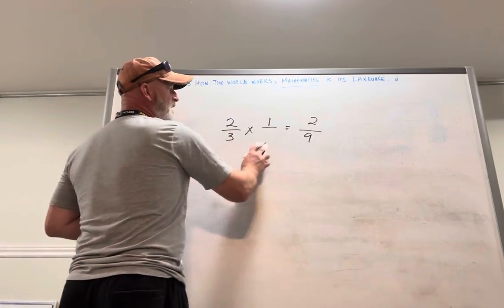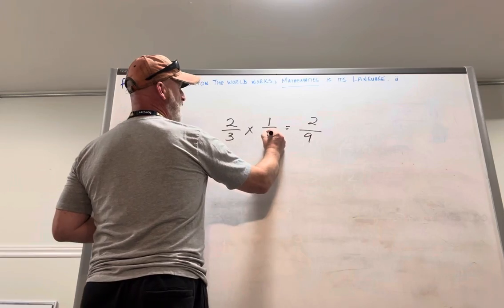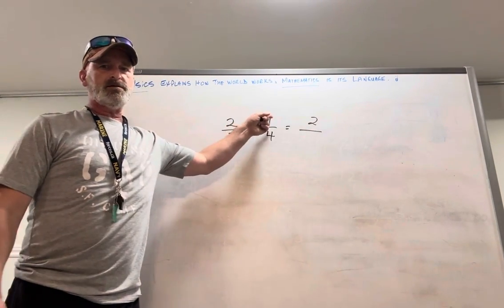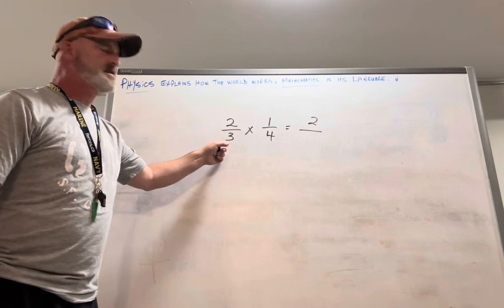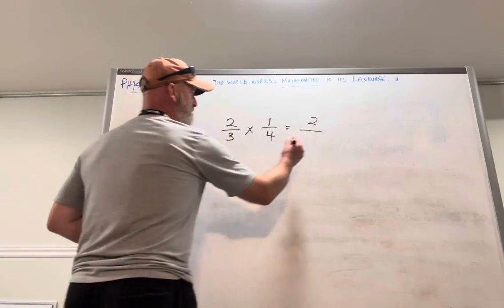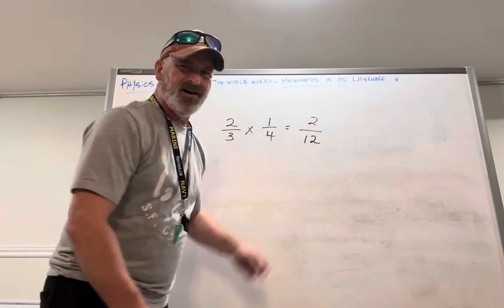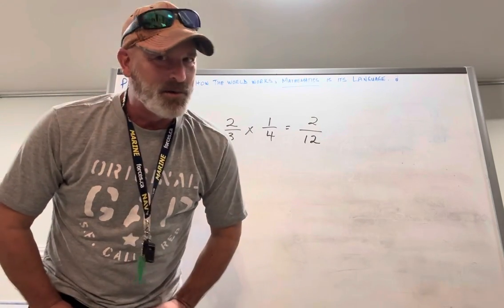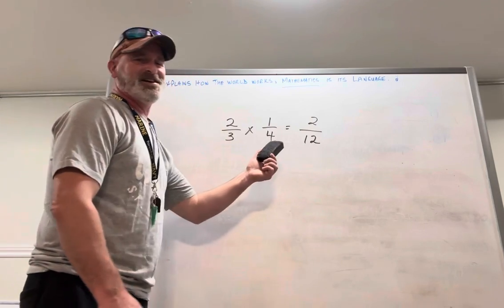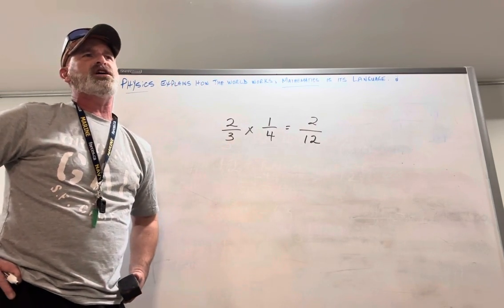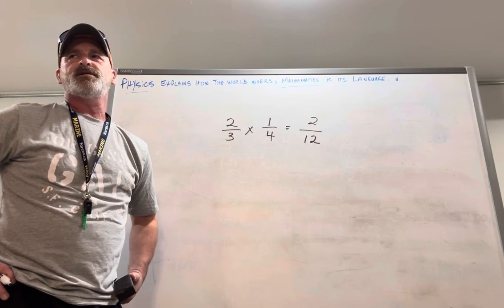Now, that didn't have to have that same denominator. That could have been quarters. What is it then? Numerators, 2 times 1 is 2. Denominator, 3 times 4 is 12. Oh, wait a minute. 2/12. That's not in the lowest form now, is it? No. Yes, ma'am, we divided the pizza into 12ths and everybody gets 2 of them.